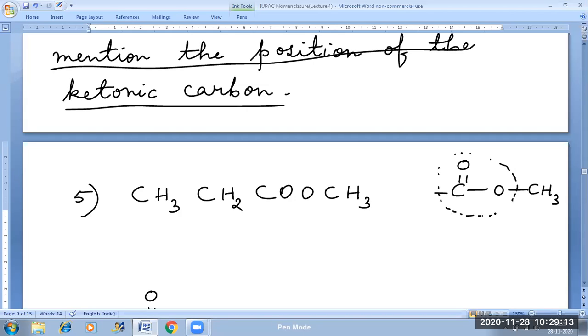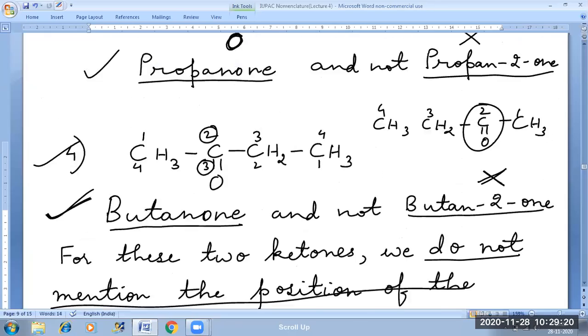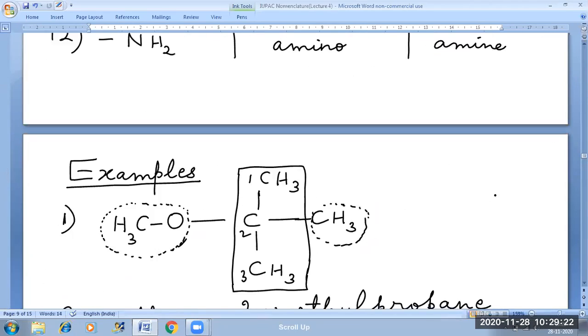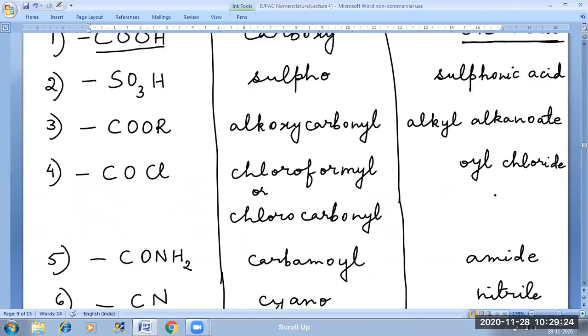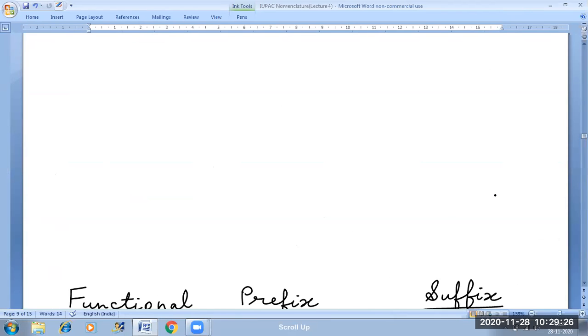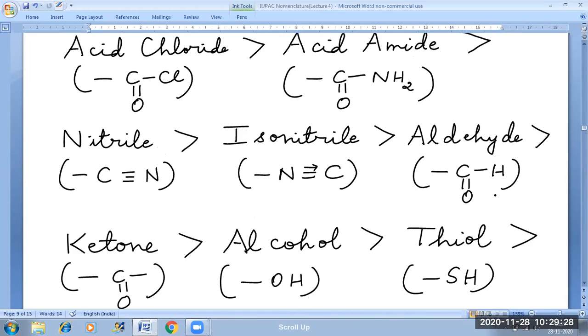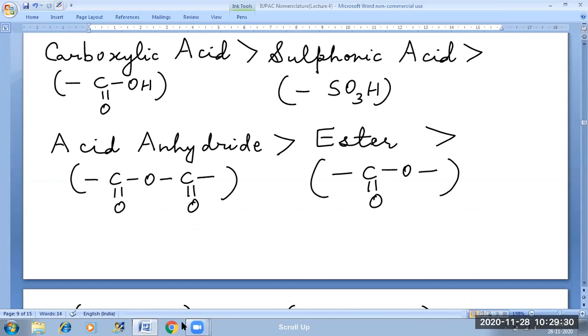Ester. So COO and then again that O is connected to carbon. What is that? Let's scroll up and check. So see, I've got this as an ester, that is CO and then O. COO. So it's an ester.